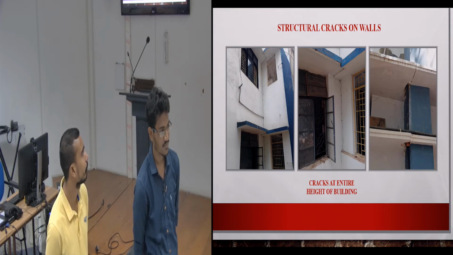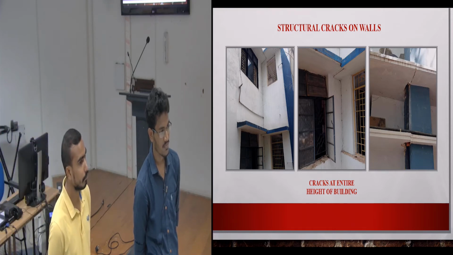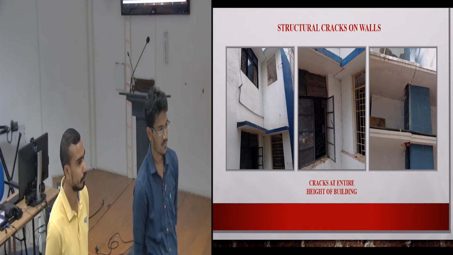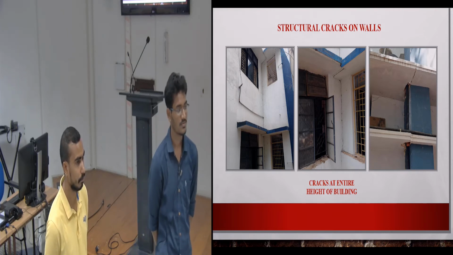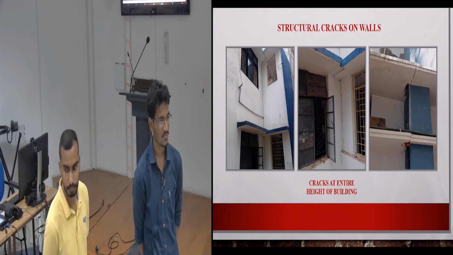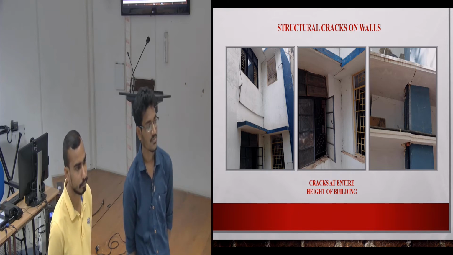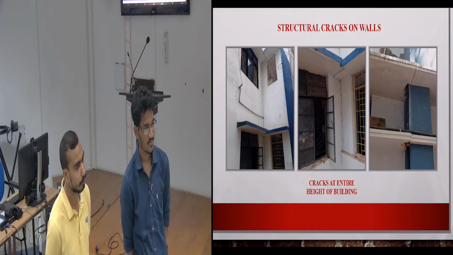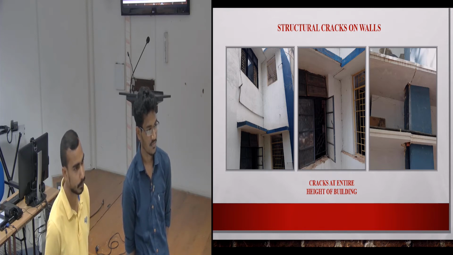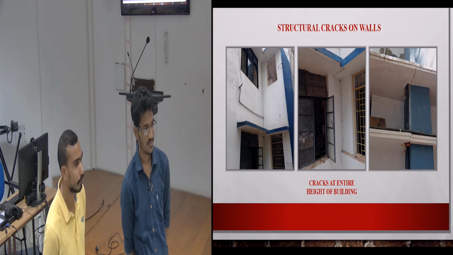If the soil is loose, because in our civil engineering department, besides the entrance, all the soil is completely made up soil. The made up soil is about 1 to 1.5 meters. Everything is made up soil. So it is very risky during the rainy seasons to park our heavy vehicles where you can see the two parking sheds.